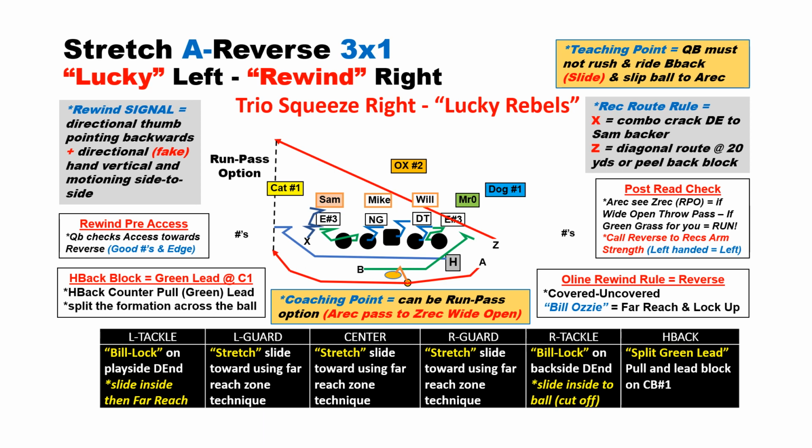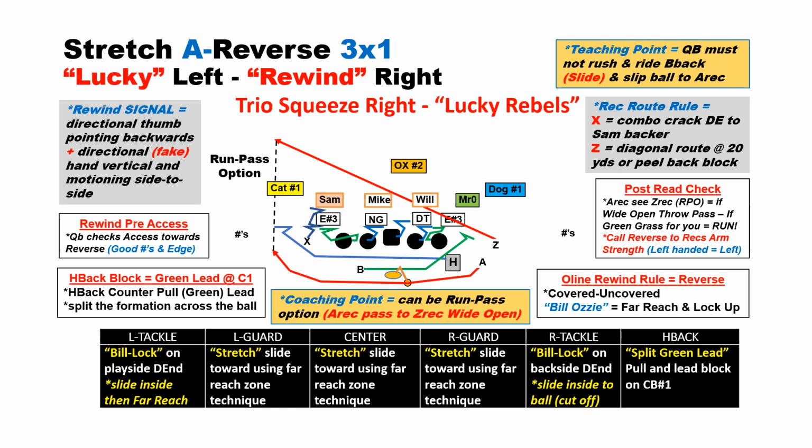You can see the H-back then automatically does his green lead, we call it, where he's going to go ahead and pull wide all the way to the number 1 defender. And then you can see the O-line is going to go ahead and stretch zone to the right, Rebels, but the tackles, again, it's automatic backdoor bills, meaning they are big on big, and then we'll reach and get leverage to the play side eventually.